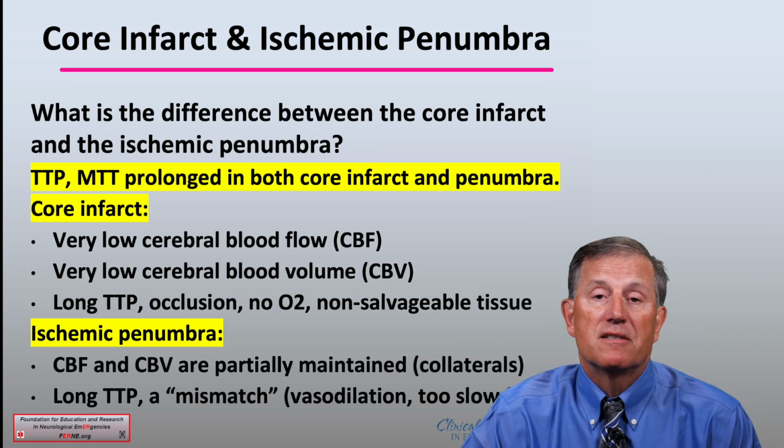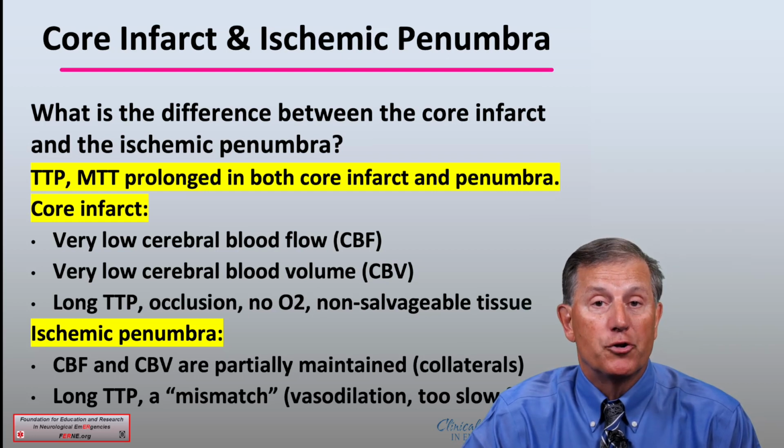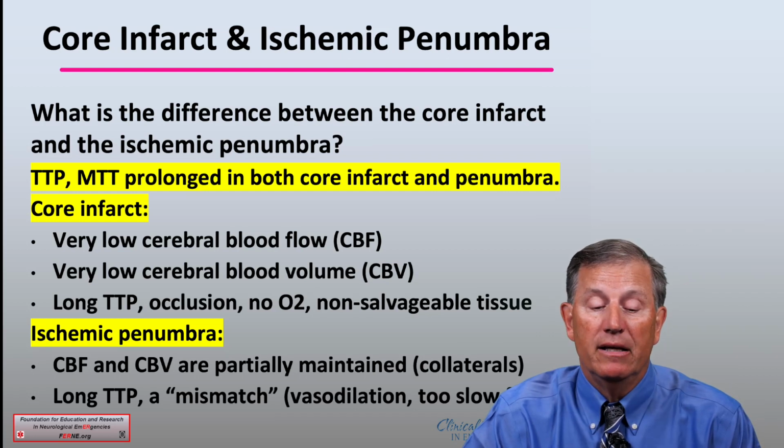In other words, this mismatch in the ischemic penumbra may be related in part to the clot, but also in part due to vasodilatation and too slow flow in the ischemic penumbra, and not necessarily just from the clot itself. Hence, the possible viability of the ischemic penumbra.